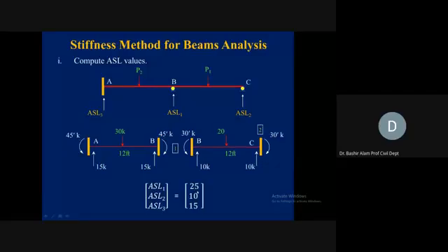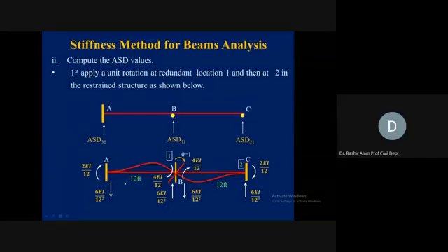Now we next go to the ASD matrix. So first apply a unit rotation at redundant location 1, and then add 2 in the restraint structure as shown below. So this is at the B location, where we provided theta equal to 1, and these member end actions were generated. I'm not going into that detail now.